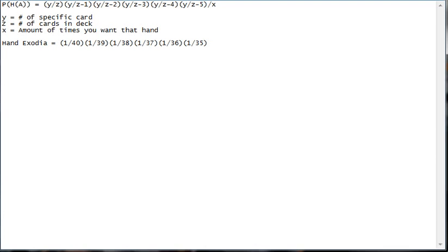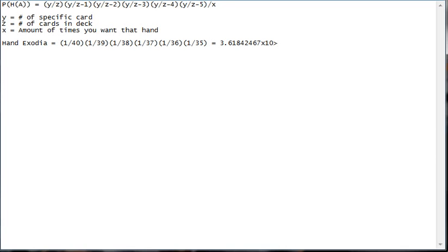So this is the equation for drawing Yugioh first hand, and the probability of that is 3.61842467 times 10 raised to -10. This is going to be my raised sign, just so everybody knows.